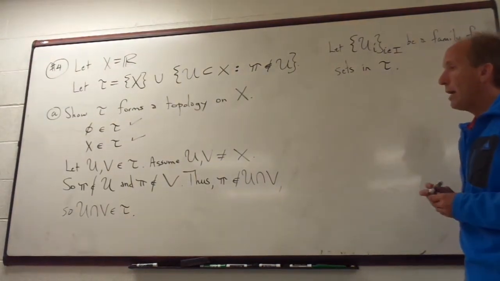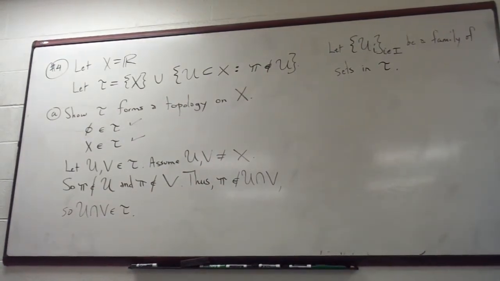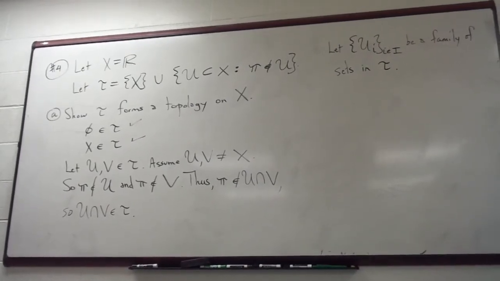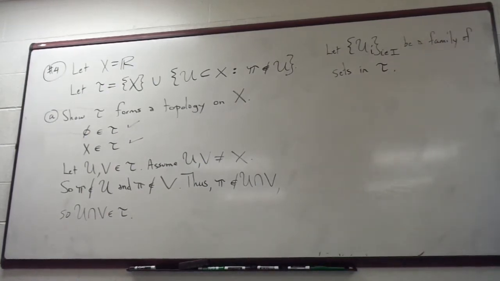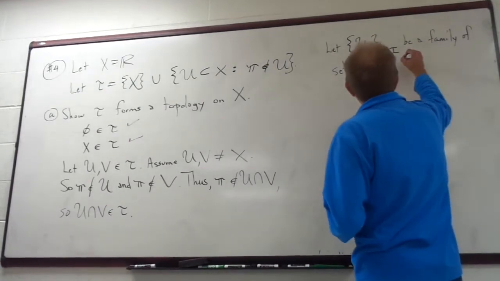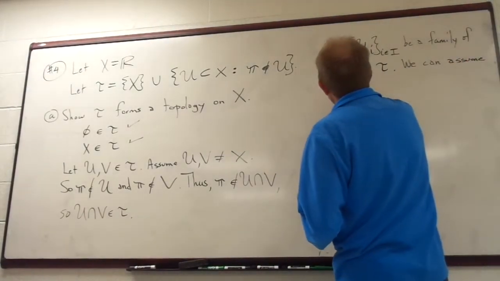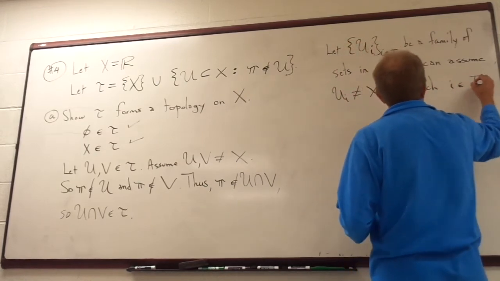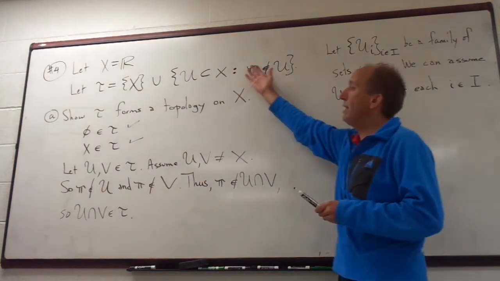If any one of those sets is all of X, then the union of all of them would just be X, which is in the topology. So we may as well assume that these sets are not equal to X. So we can assume U sub i does not equal X for each i, and therefore it's one of these, right?